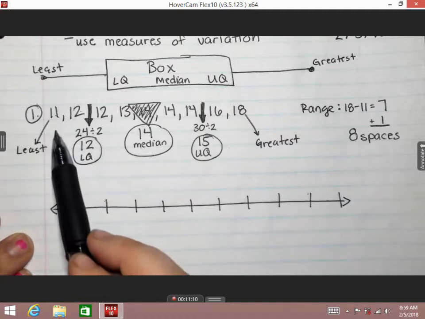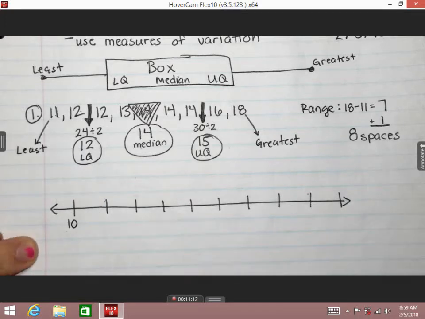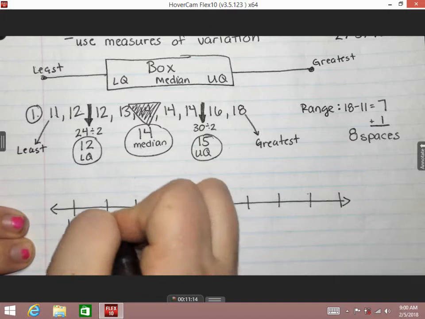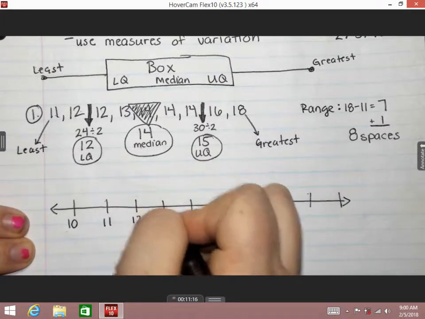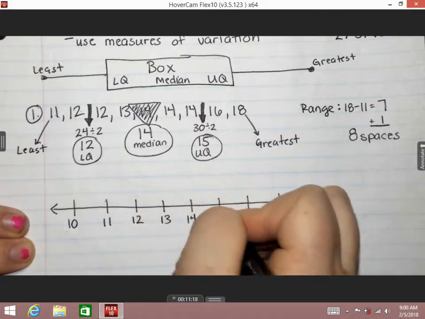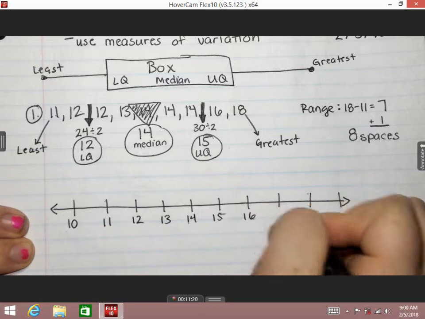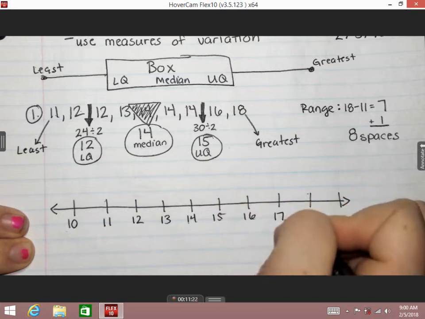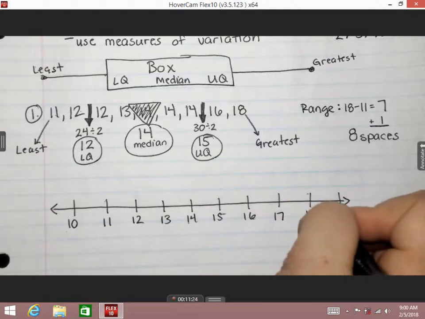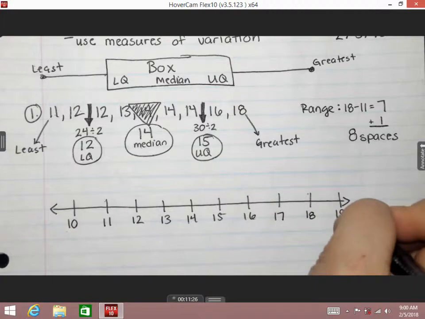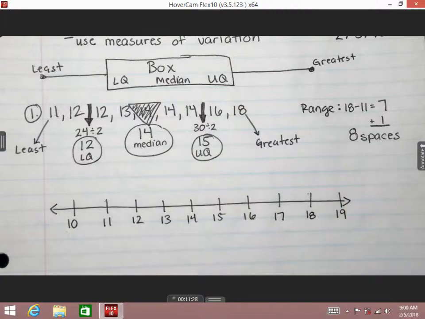We'd have to start at 11. Okay? But we can start at 10. So we have 10, 11, 12, 13, 14, 15, 16, 17, 18, and 19. Just use this for now. I know it's not erasable, but.